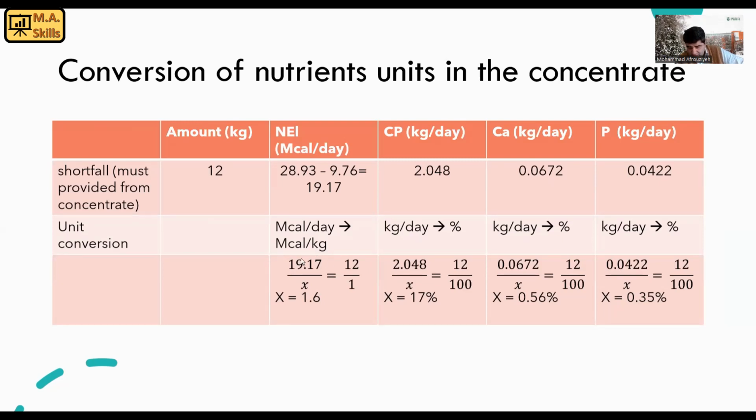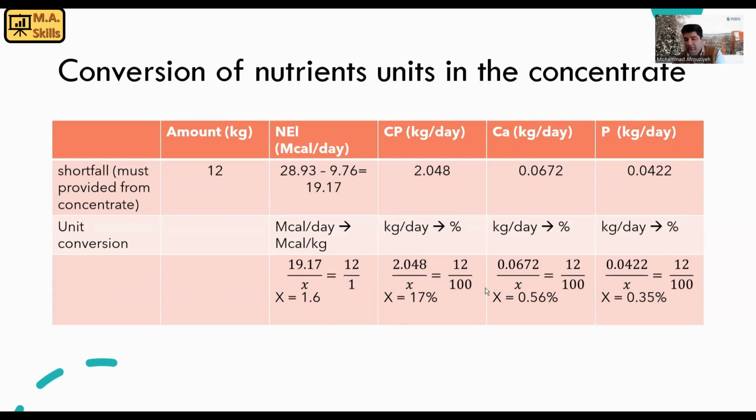You can use this ratio to calculate it. I'm going to provide 19.17 megacalorie energy by feeding 12 kilos concentrate. So how much energy should 1 kilo of concentrate have? Just cross multiplication and divide by 12. It's going to give you 1.6 megacalorie per kilogram.